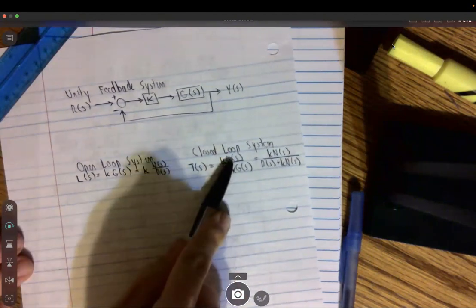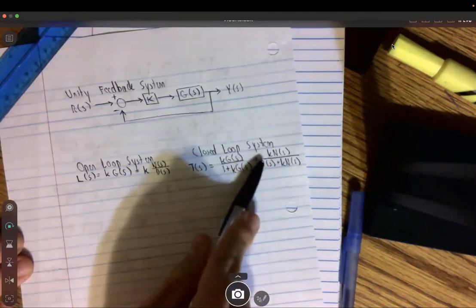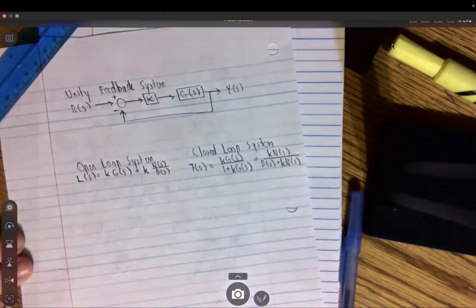When you just substitute in for G of S, N of S over D of S, and multiply everything by D of S, you're going to get that result.